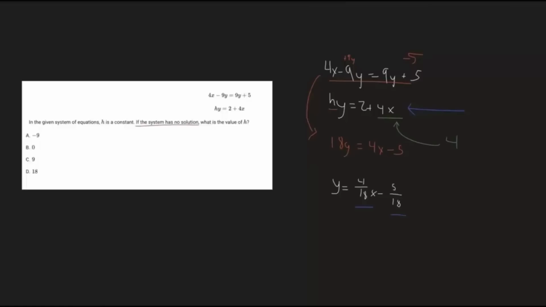So the current value of 4 is much different versus the slope that we want, which is 4/18. So how do we go from 4 to 4/18? Well, we can do this by just multiplying 4 by 1/18. And therefore, that will give us 4/18.